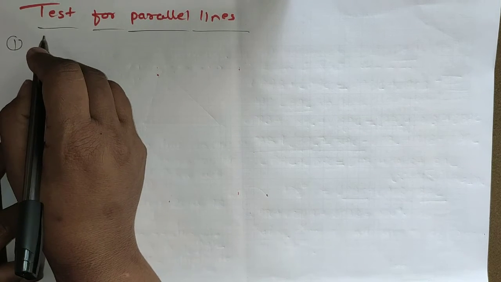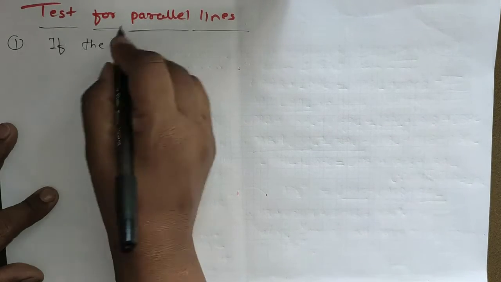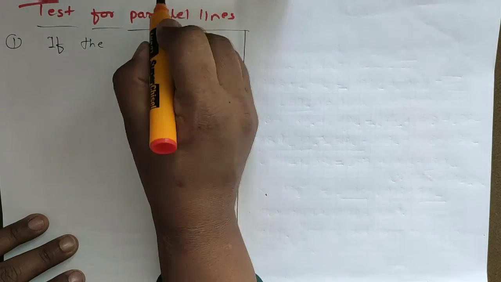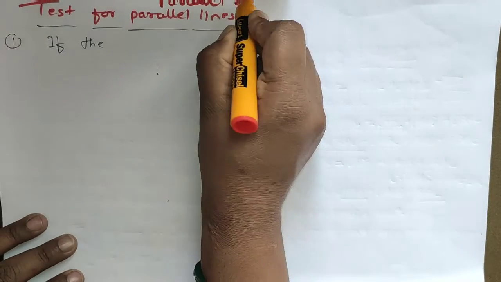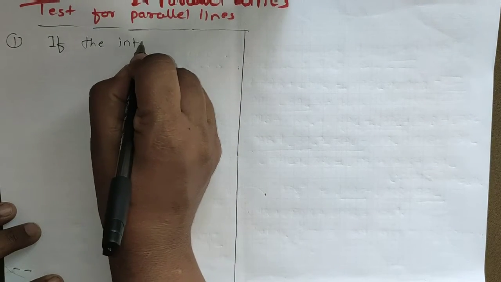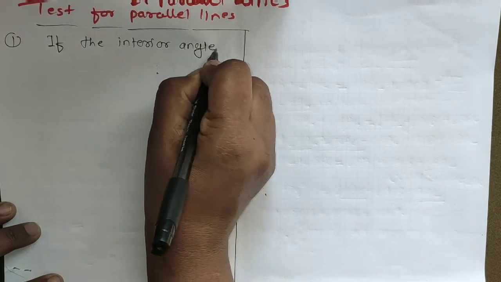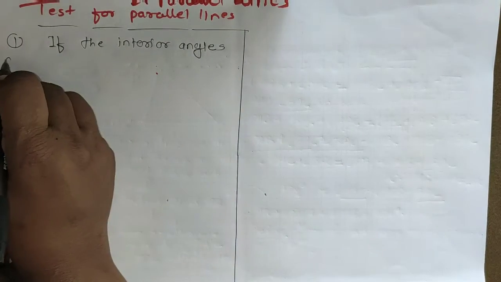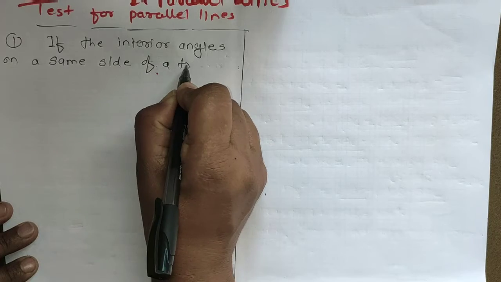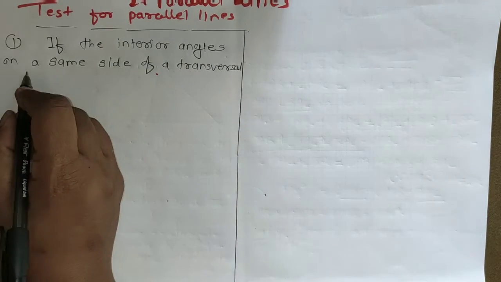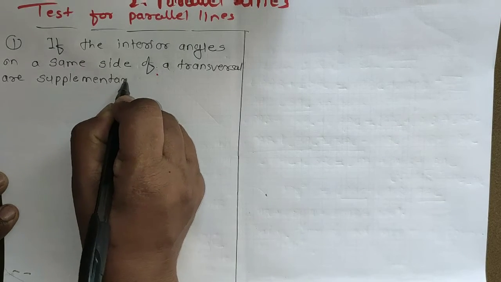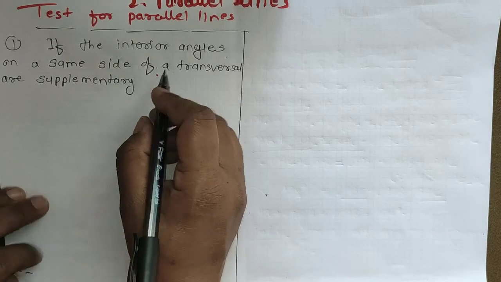So first property: if the interior angles on the same side of a transversal are supplementary, then the lines are parallel.